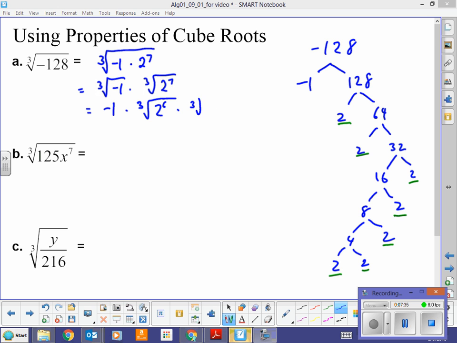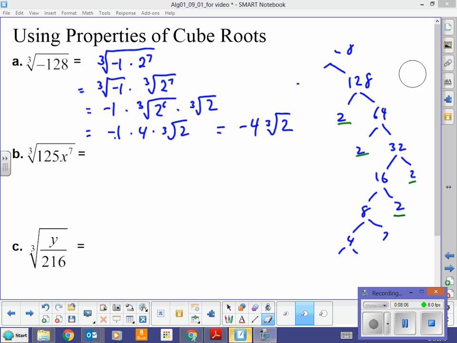Okay, so the cube root of 2 to the 6th, 6 divided by 3 is 2. So this is 2 squared, this is 4. So this is negative 1 times 4 times the cube root of 2. So this comes out to be negative 4 times the cube root of 2.